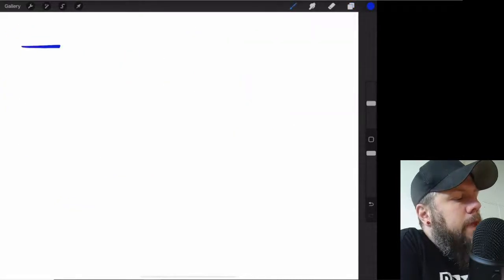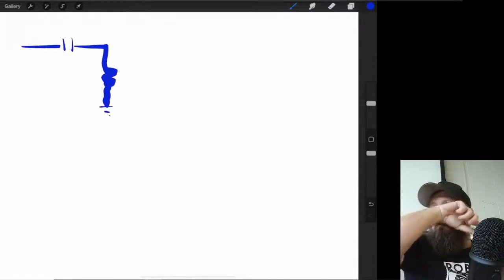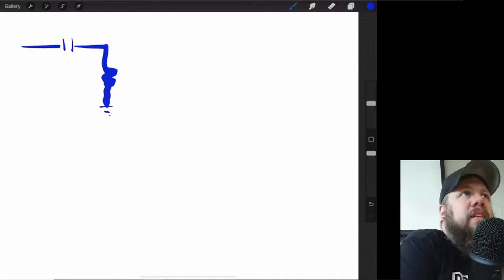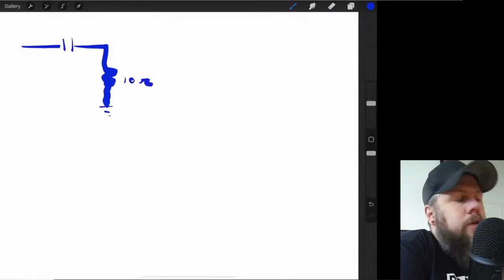Now, if I put a capacitor right here, I'm still just making a voltage divider. The capacitor is going to act the same, right? It's letting high frequencies through. But now I've got the resistor that's going to ground, okay?